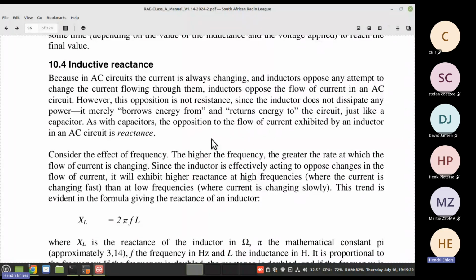It's not true resistance, because it doesn't dissipate heat. So the energy is not converted into heat. It's just stored and then returned.